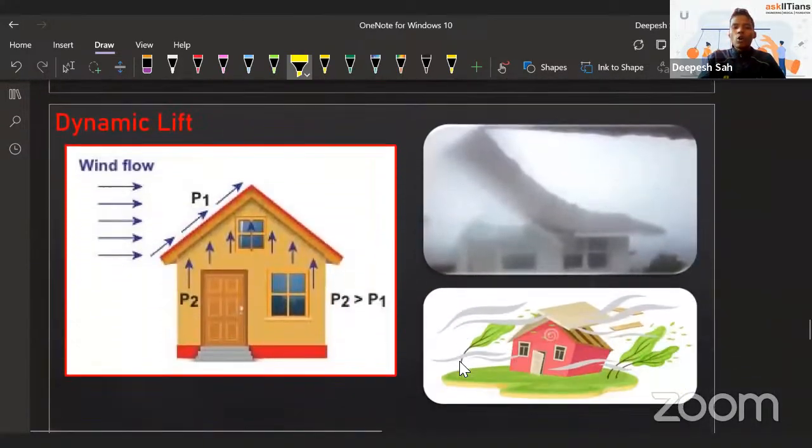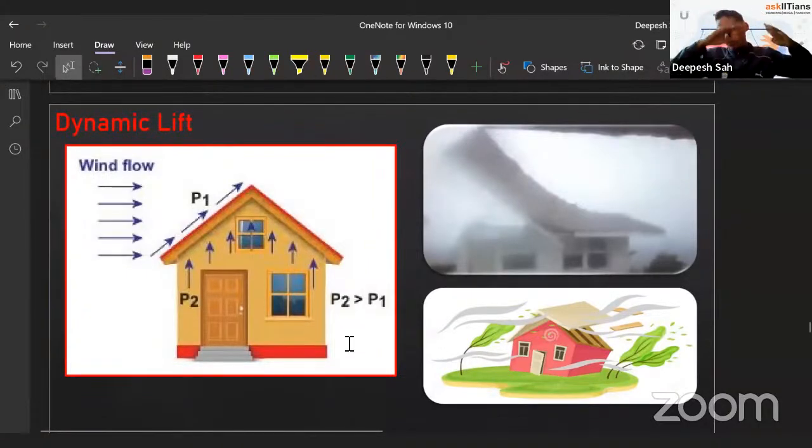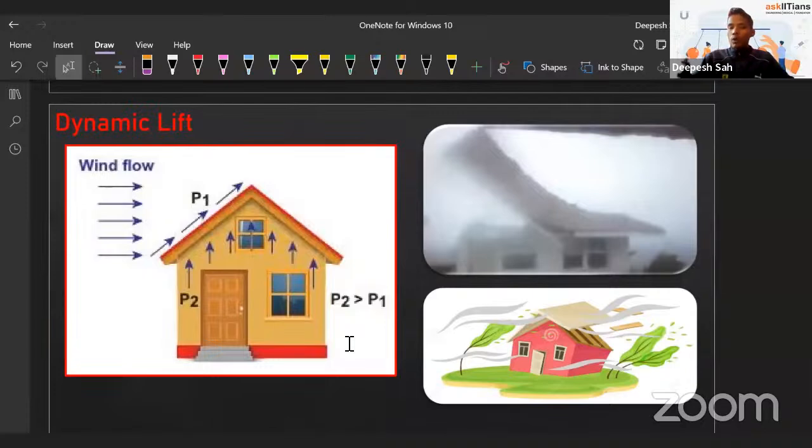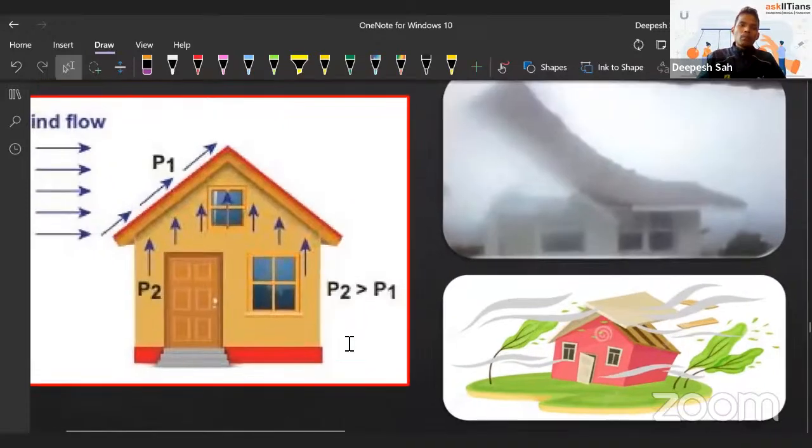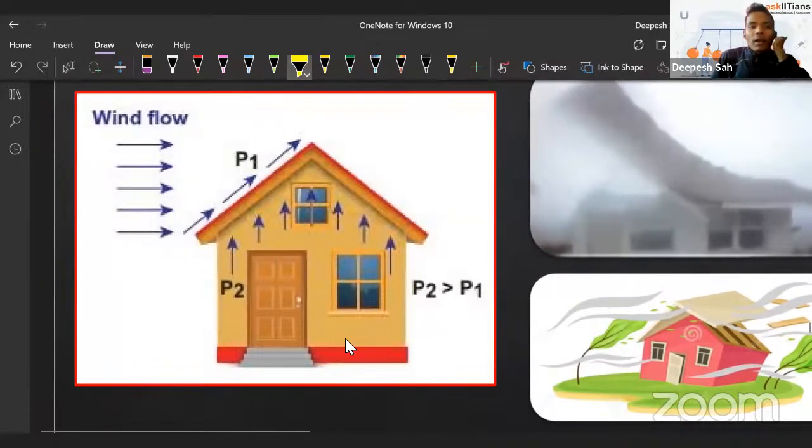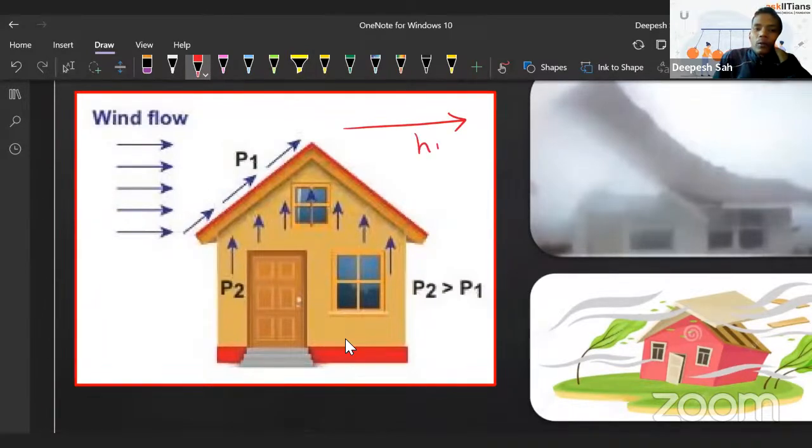Same goes on when we are talking about a tornado and the rooftops of houses being blown away. The same thing happens because the wind is flowing so fast that the velocity on the outside is very high, and of course we can imagine that the velocity inside a house will be low.